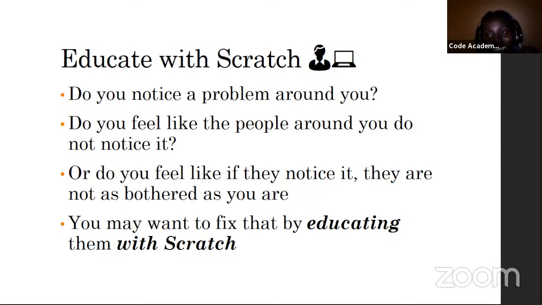I'll give an example, thinking about some projects maybe some students have done before. Maybe poor hygiene.